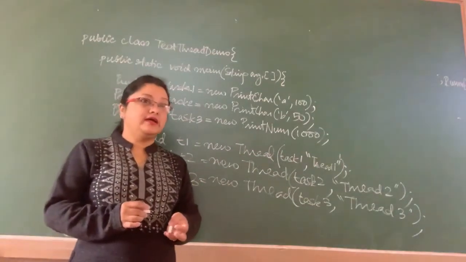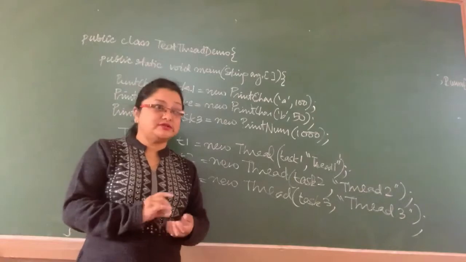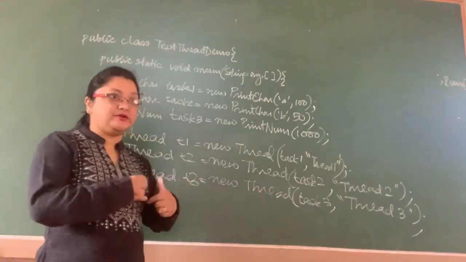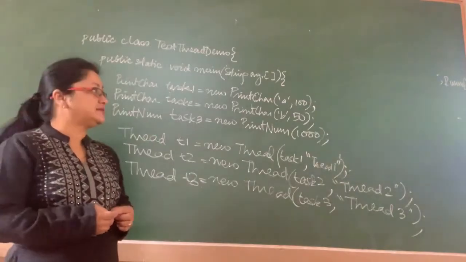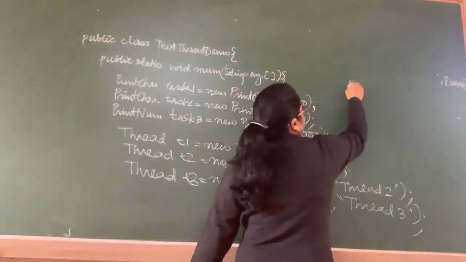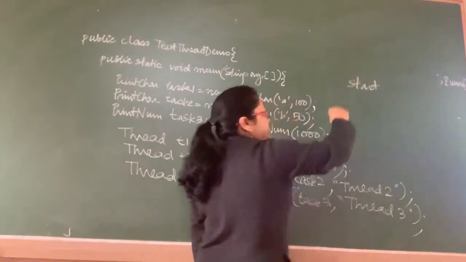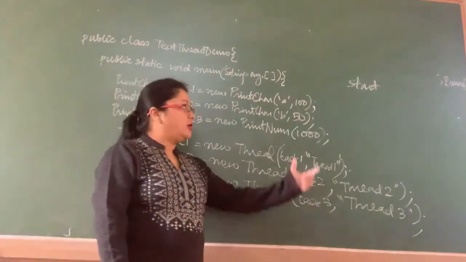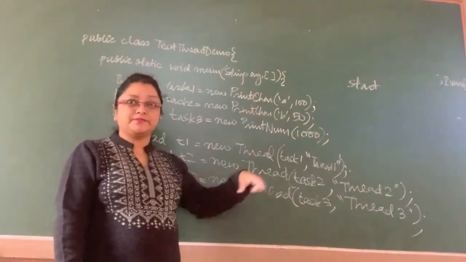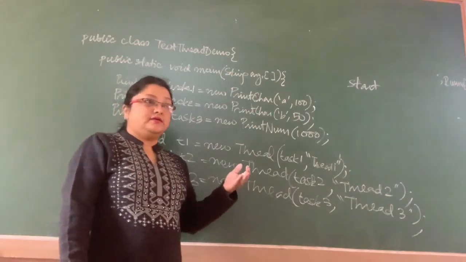Now the threads are ready for execution. But a thread will not start immediately after creating the object. It will not start execution on its own. So we have to call a method of the thread class, which is called the start method.